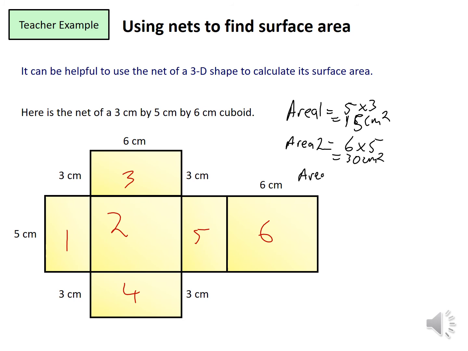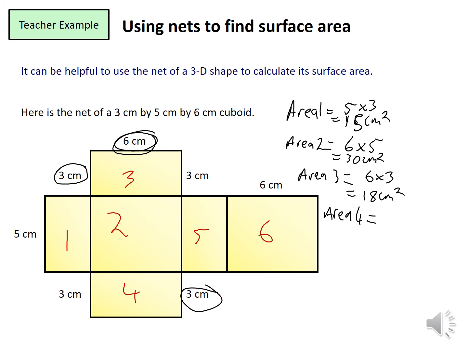Area 3 is equal to 6 times 3, which equals 18 centimeters squared. Area 4 equals 3 times 6, because the width is also 6 at the bottom here, equals 18 centimeters squared.